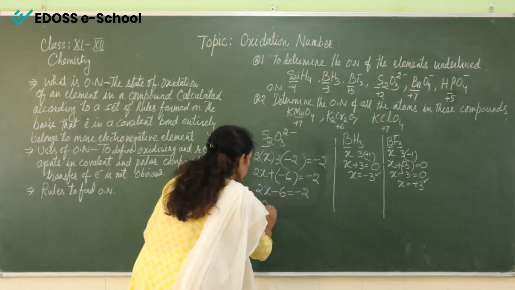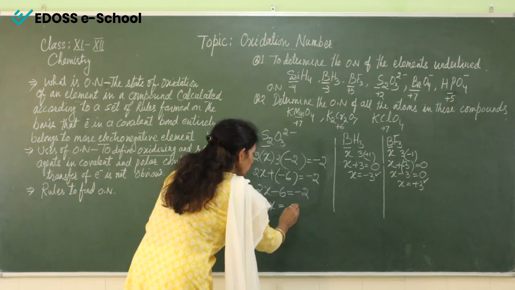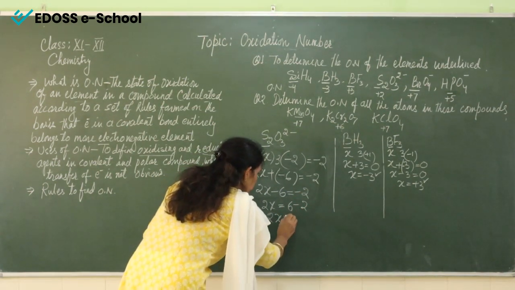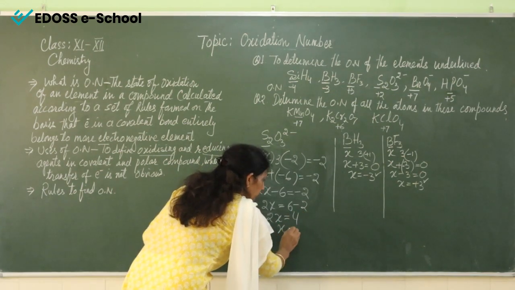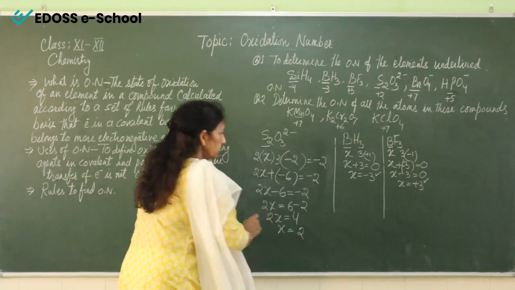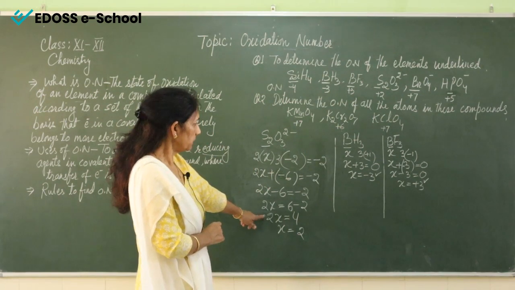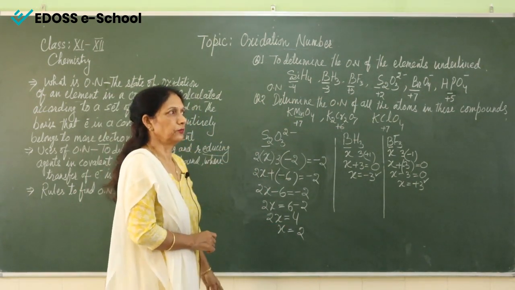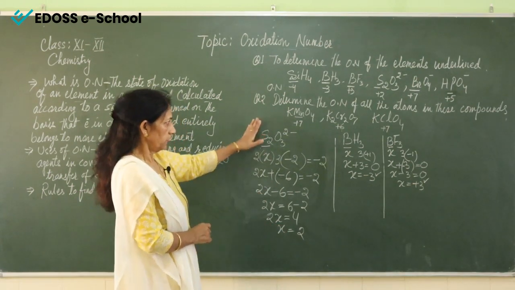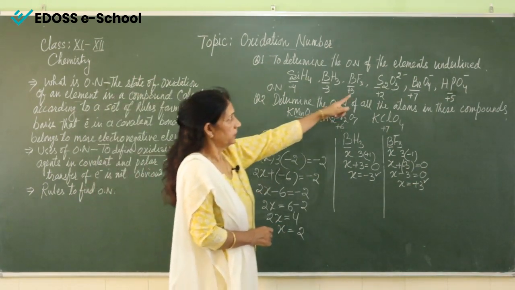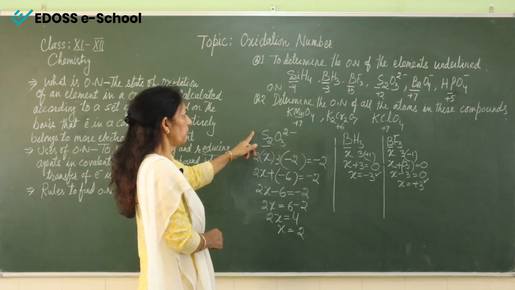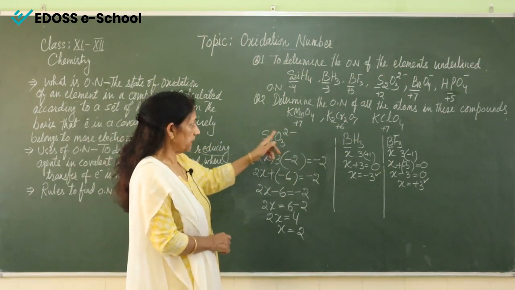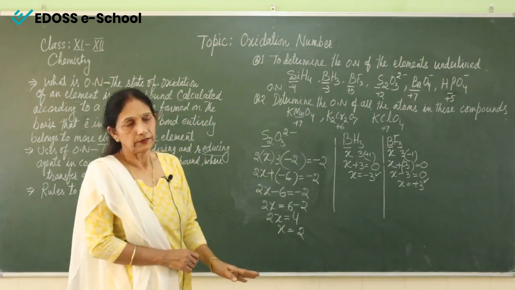So 2x is equal to 6 minus 2, or 2x is equal to 4, or x is equal to 2. So we can see that the oxidation number of sulfur is coming 2. Okay, so this is the way to find the oxidation number of an element in an ion.